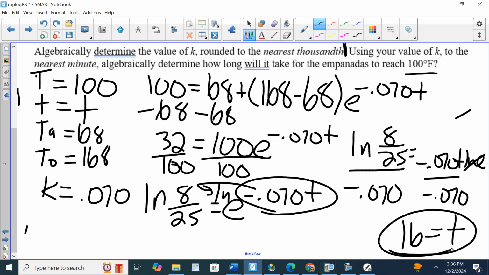By the way, another option, now again, it says to do it algebraically, but if that's not working for you for whatever reason, we could always do y1, y2 intersect.